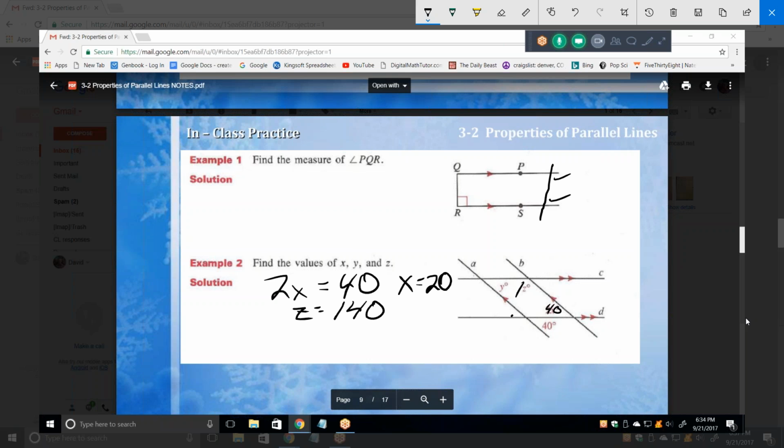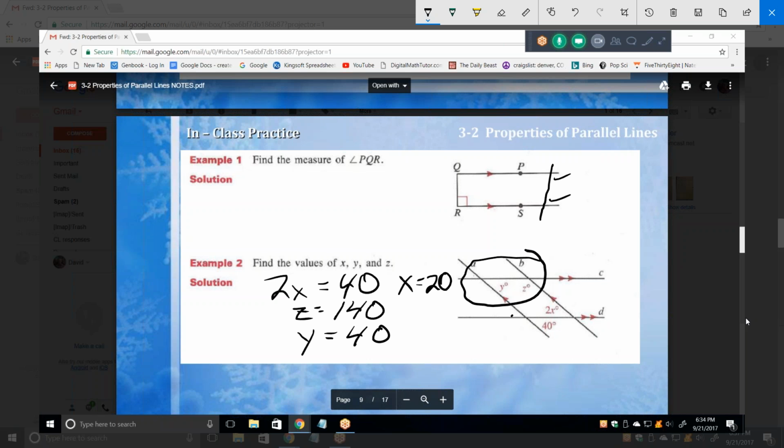So we know that's 140, and now we can say Y is 40 because Y is a same side angle with Z, regardless of which parallel lines I'm looking at. In other words, if I'm looking at this set of parallel lines right there, then I know Y and Z are same side, so they're supplementary.